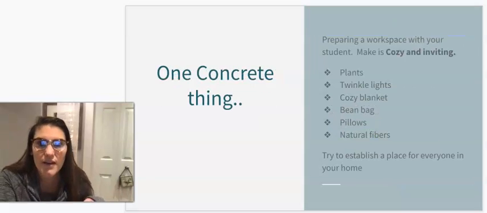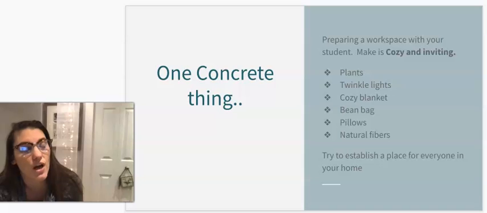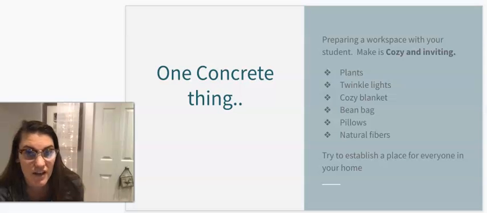So what can you do? Here's one concrete thing that really makes a lot of difference as we head into our darkest days of the year: preparing a workspace with your student that is cozy and inviting.